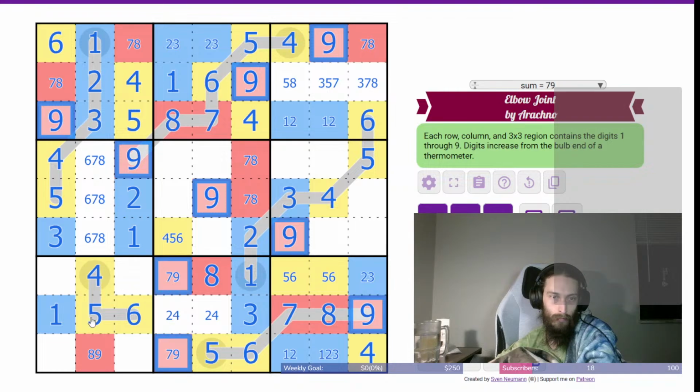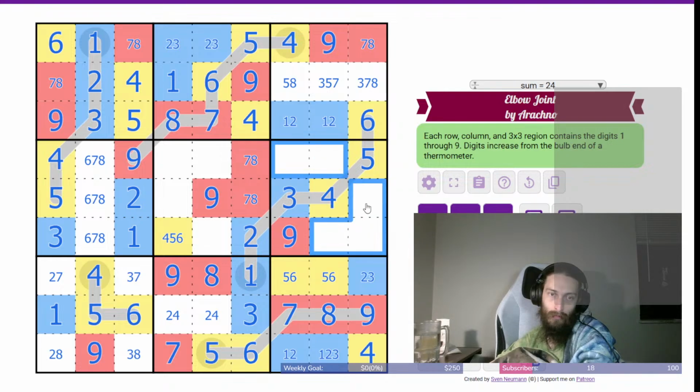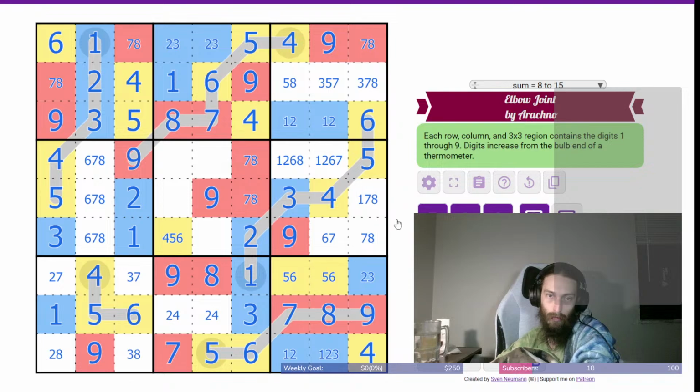Look at box 7. 3, 7, 8, not 8. 7, 2, 7, 8, not 8, not a 7. 1, 2, 6, 7, 8. 7, 8, 6. 7, 8 pair places 1 and 3.